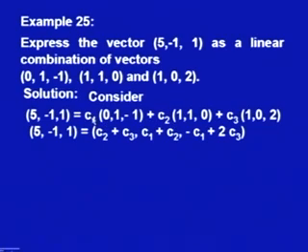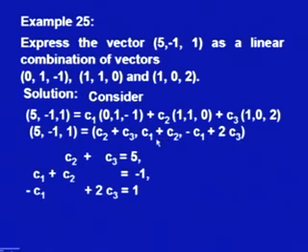The first component is C2 plus C3, the second component is C1 plus C2, no component is coming from this, then we will have minus 1 into C1. So, it is minus C1 plus 2 times C3, no component is coming from the second vector.